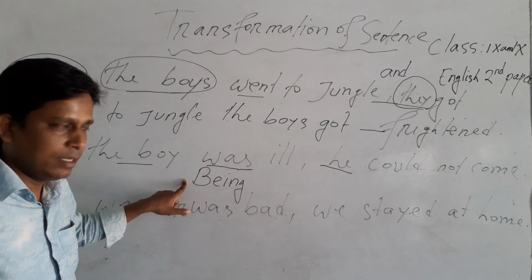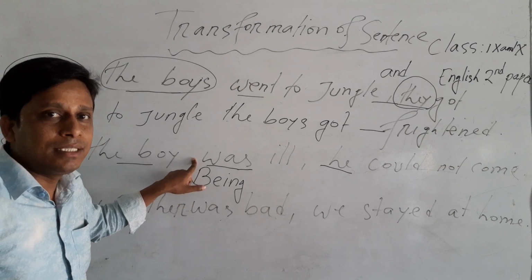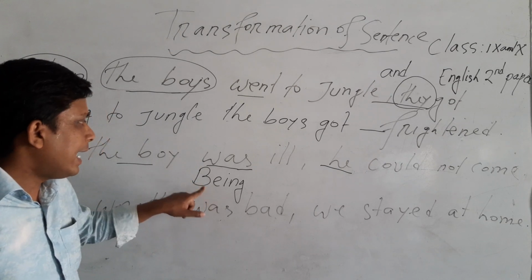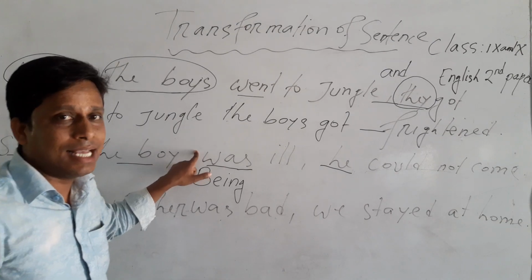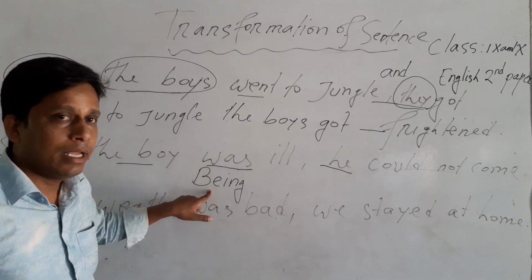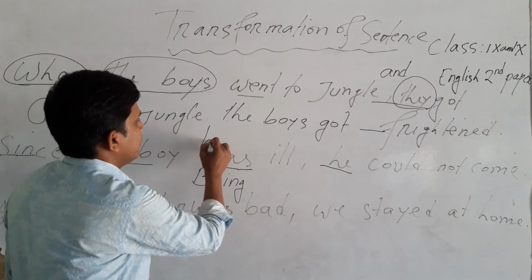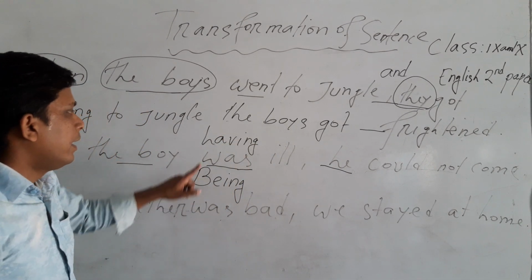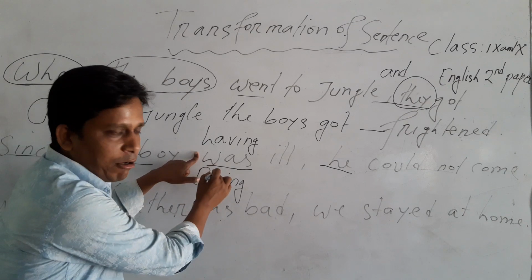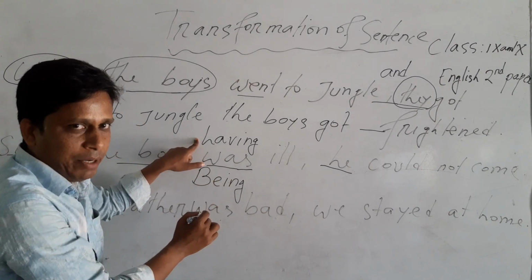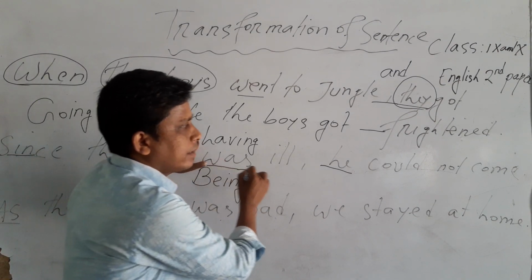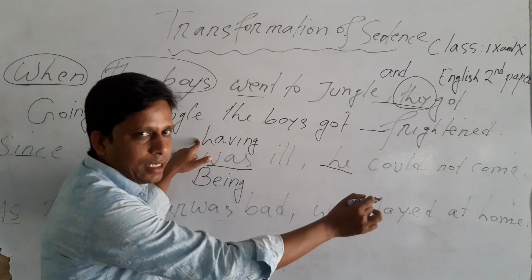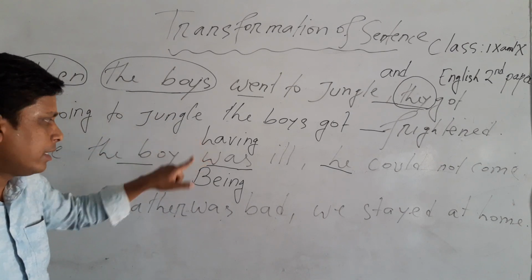Have you got the point? If there is am, is, are, was, were, we will write being. And if there is have, has, had, we will write having, like this. Is it clear? And from the auxiliary, being or having, write the rest of the sentence. If you write the rest of the sentence, then it is simple.